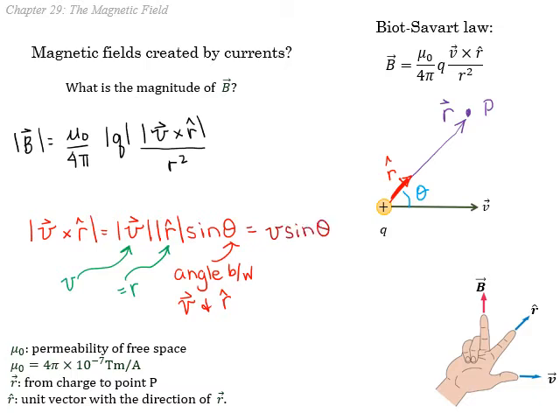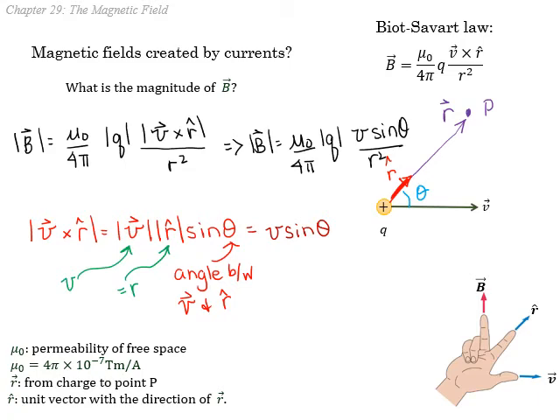Let's put that into our equation above, and we get the magnitude of the magnetic field is equal to mu naught over 4 pi times the magnitude of the charge q times v sine theta over r squared. So that's the magnitude of the magnetic field made by charge q moving with velocity v.